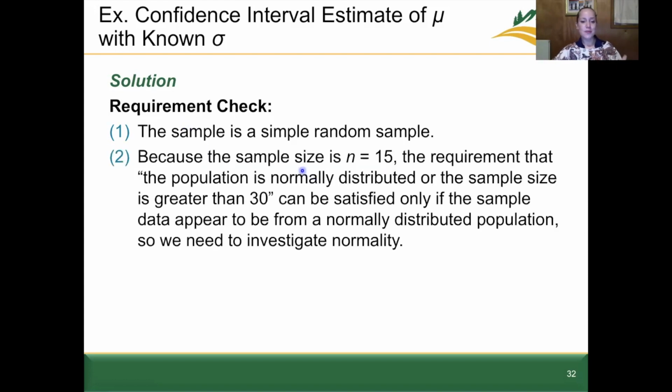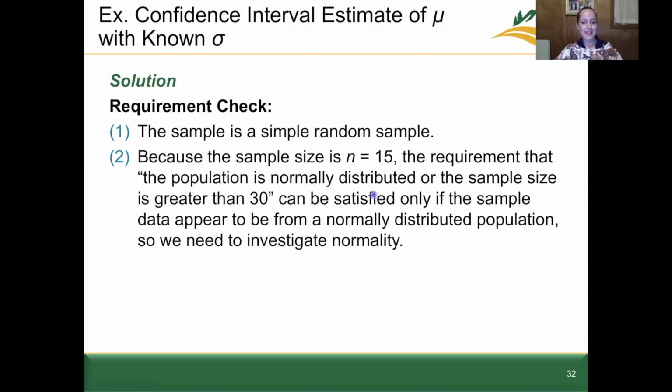Number 2, because the sample size is n equal to 15, then this requirement that the population is normally distributed or the sample size is greater than 30 can only be satisfied if the sample data appear to be from a normally distributed population. Based on just looking at the data, we can't say with certainty, is that a normal distribution?